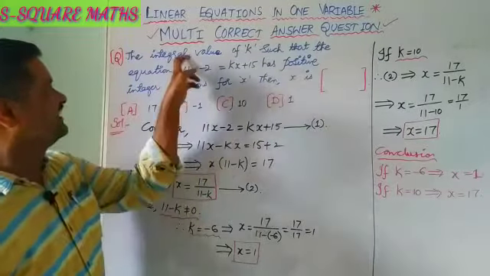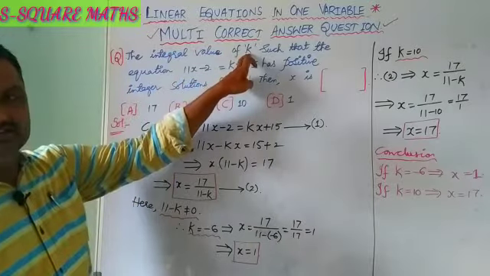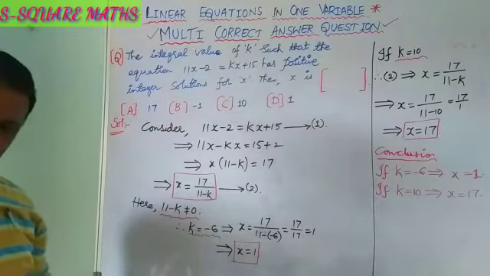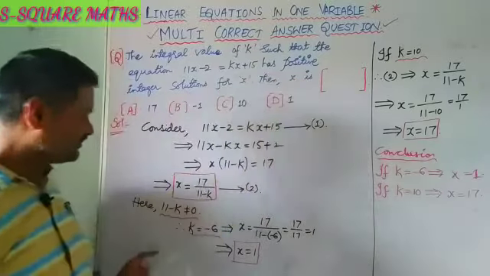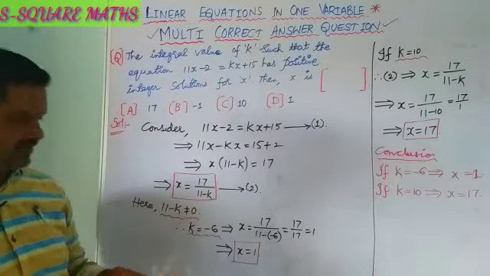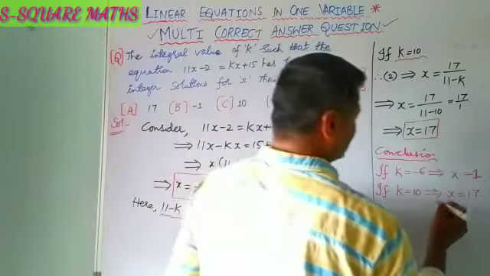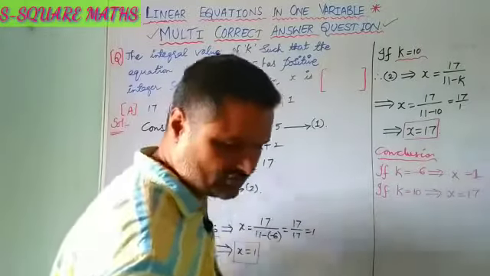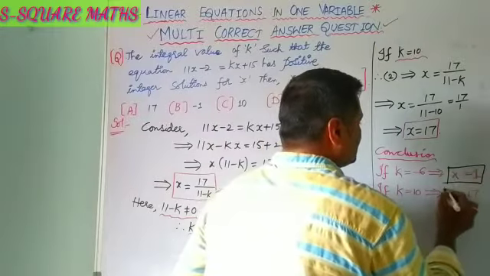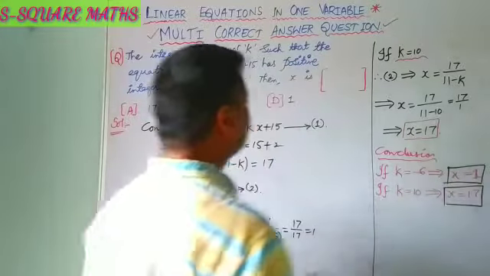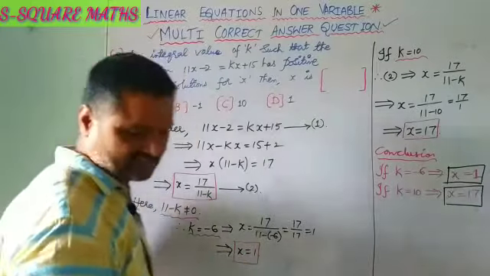It asks to find the integral value of k such that we get the values of x. So we need the x values, not the k values. Finally our x values are x is equal to 1 and x is equal to 17.